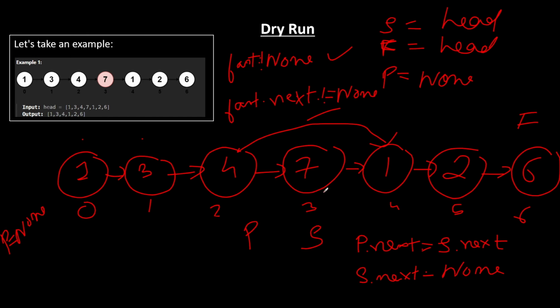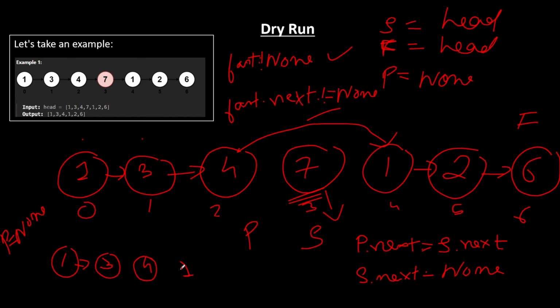Slow dot next points to none here. So I will remove this pointer, and this gets removed. Right. So finally we can see that this middle node is detached from the linked list, and we return the head. And when we return the head, we get output as 1, 3, 4.